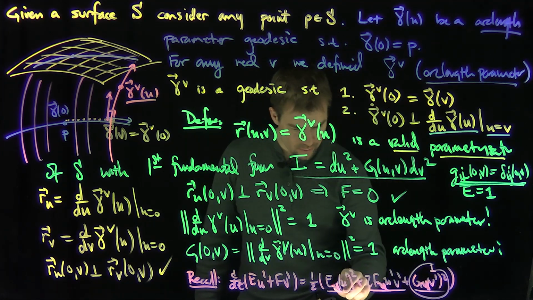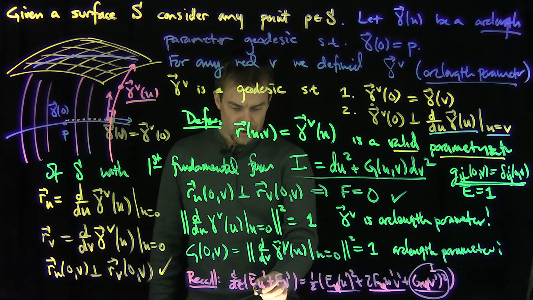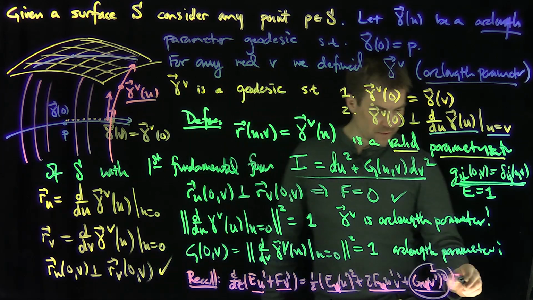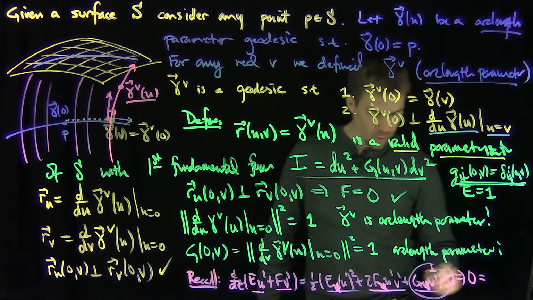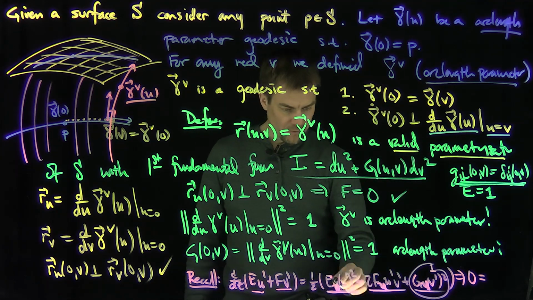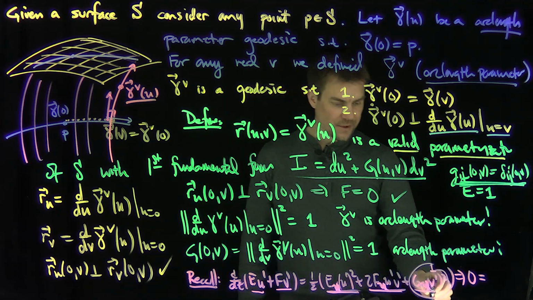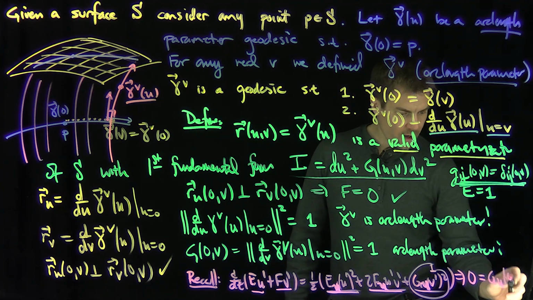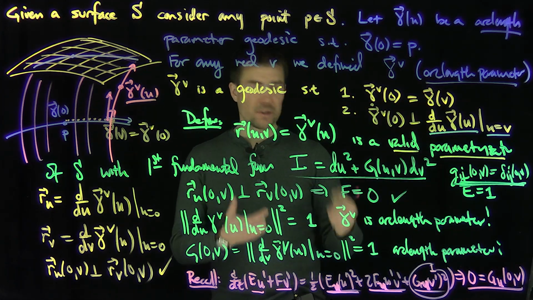So it's a u derivative, u derivative, u derivative. Well, E is equal to 1 and u prime is equal to 0. F is equal to 0, so the left-hand side is equal to 0. So that implies that 0 is equal to this term over here, 0. This term over here is equal to 0. And v prime is equal to 1. So that says that G sub U of (0, V) has to be equal to 0, which gives you the conditions on the Christoffel symbols being equal to 0.